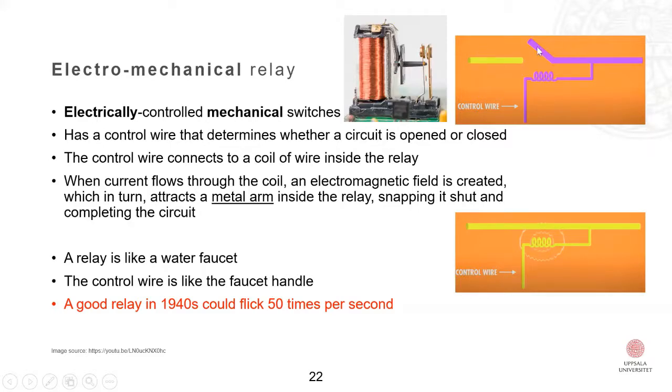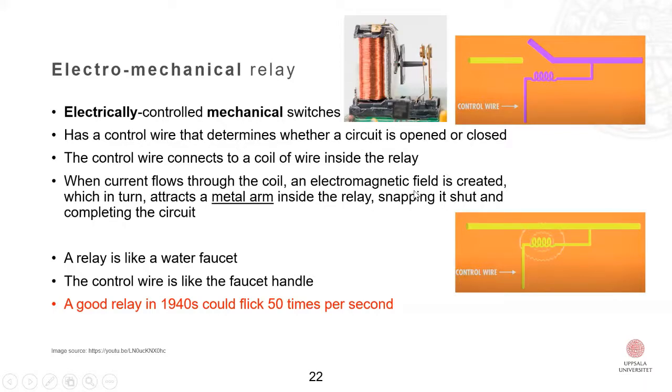So a relay simply is like a water faucet. The control wire is like the faucet handle. When you put electricity in it, it will close the circuit. When you don't let electricity go through it, it will be open.